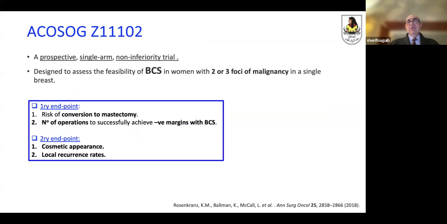Now, the American College of Surgeons Z11102 trial actually looked at two endpoints.